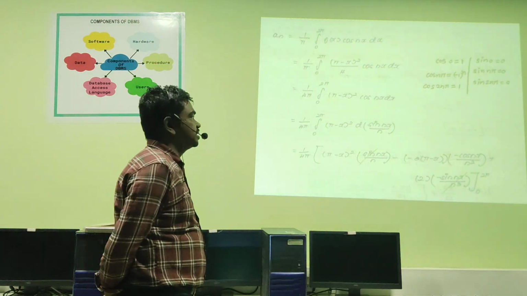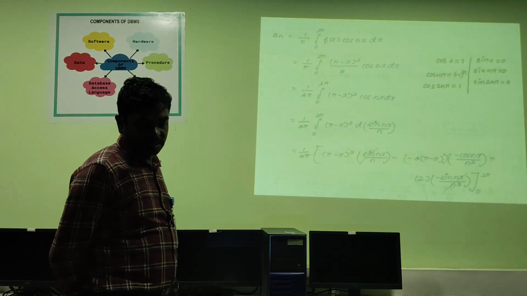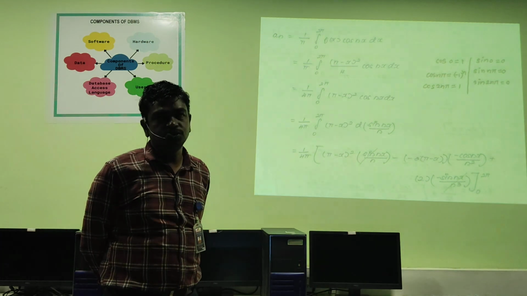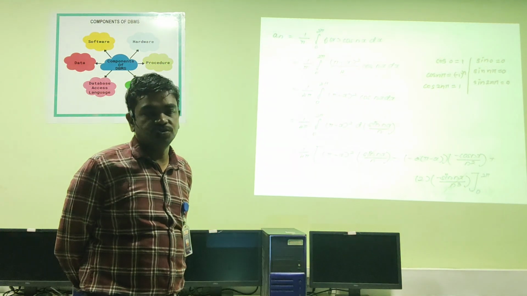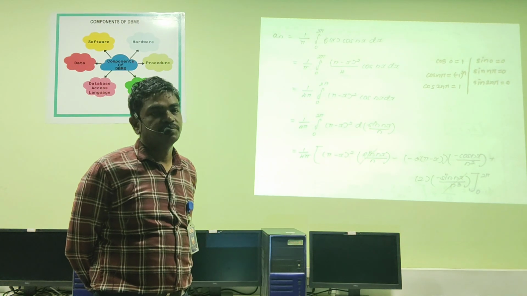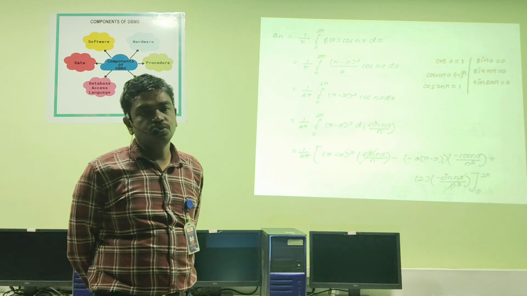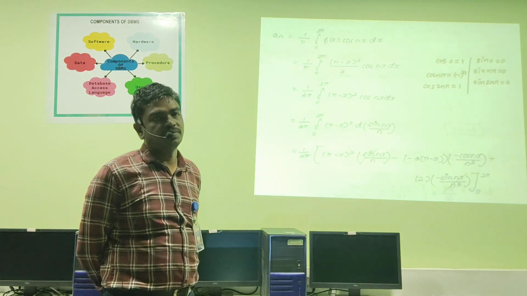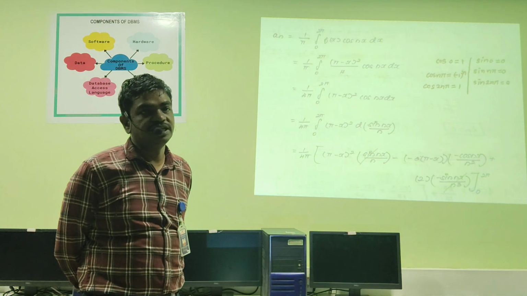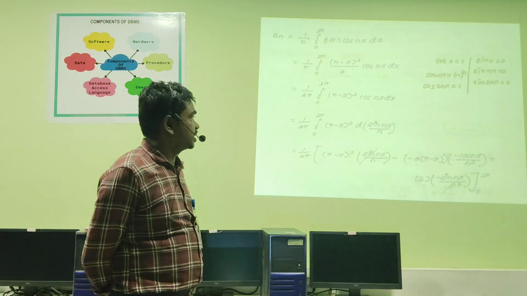So here we can apply Bernoulli's formula. What is Bernoulli's formula? Integral u dv equal to uv minus u dash v1 plus u double dash v2 minus u triple dash v3 plus etc. Here u dash, u double dash, u triple dash are the successive differentiations of u with respect to x.